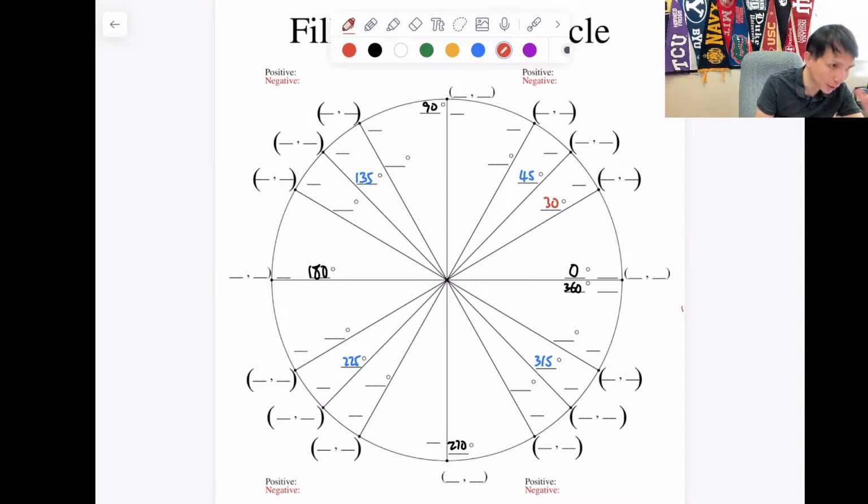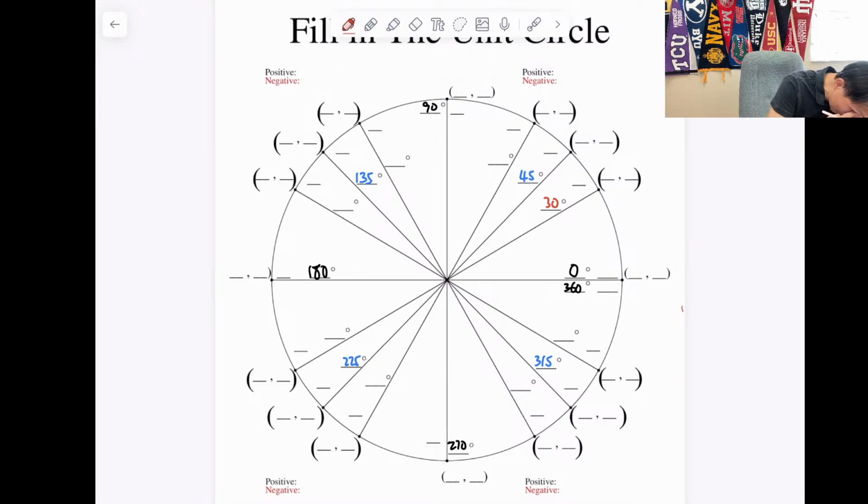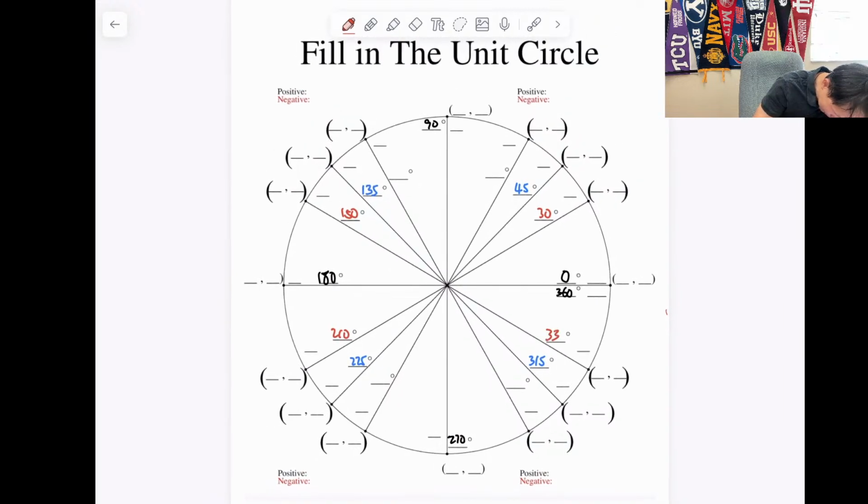So each clock movement for each hour is going to be 30 degrees. So from 3 o'clock to 2 o'clock, that's going to be 30 degrees. Also, from 9 o'clock to 10 o'clock, it's also 30 degrees, but it's going backwards, so it's going to be 150. And this is 210, and this is 330.